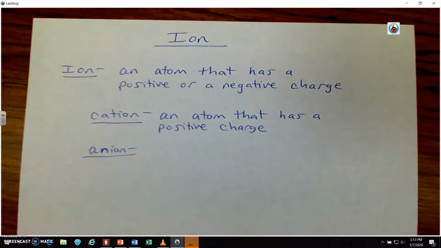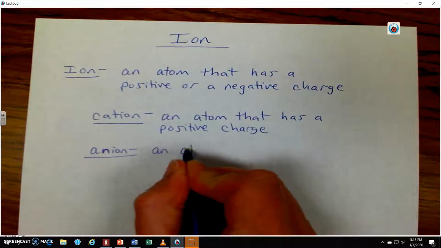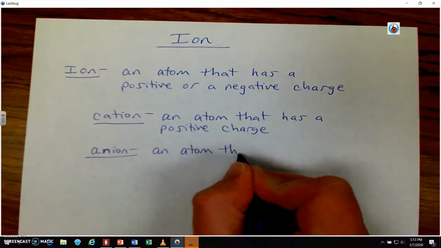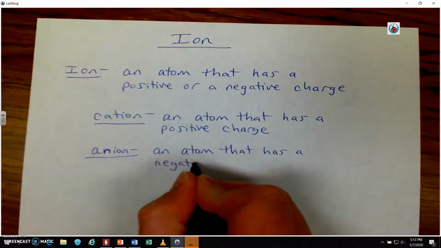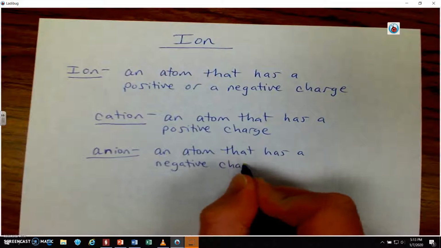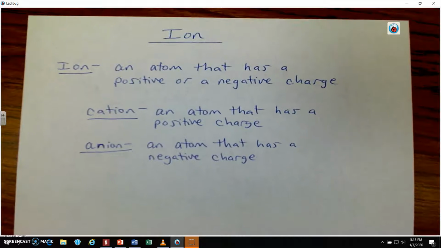An anion is an atom that has a negative charge. So those are some basic definitions, but let's see what those actually look like.